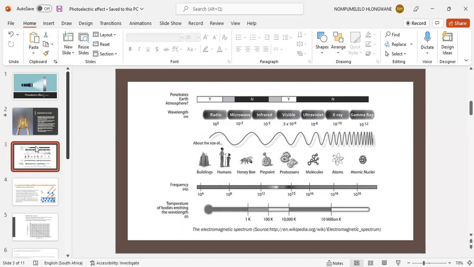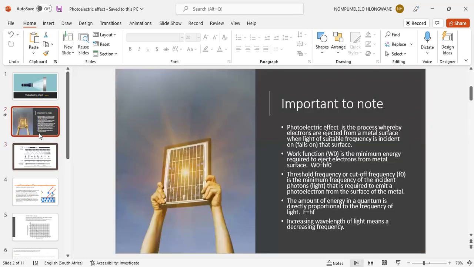In the picture I've displayed, radio waves have a longer wavelength compared to gamma rays, which have a shorter wavelength. This means gamma rays have a higher frequency than radio waves, which have a lower frequency because of their longer wavelength. So increasing wavelength means decreasing frequency.